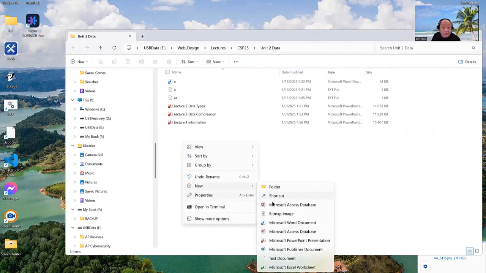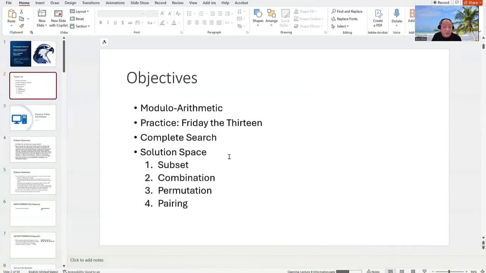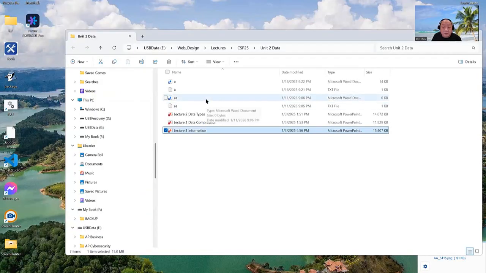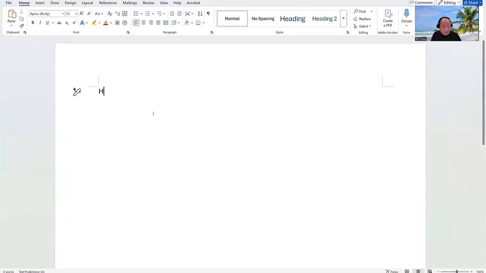Now, if I create a new file with Microsoft Word, I also call it AA. I open the Word software. Not PowerPoint, I'm not using this one. I'm using Microsoft Word to edit the file, and right here I also type Hello World. I save it and quit.